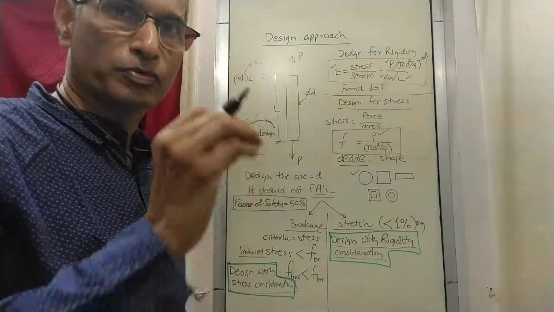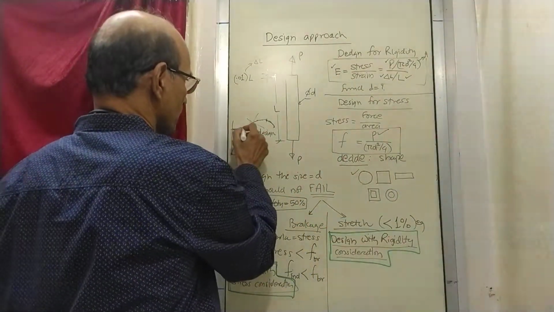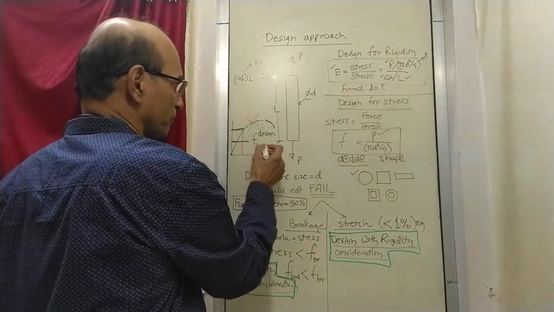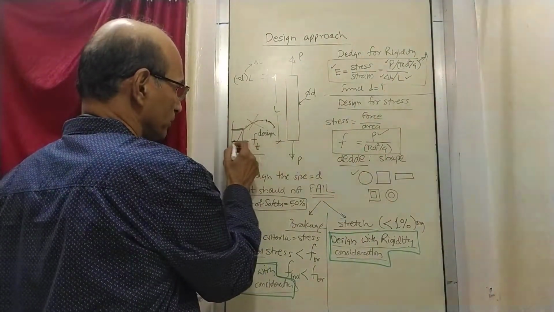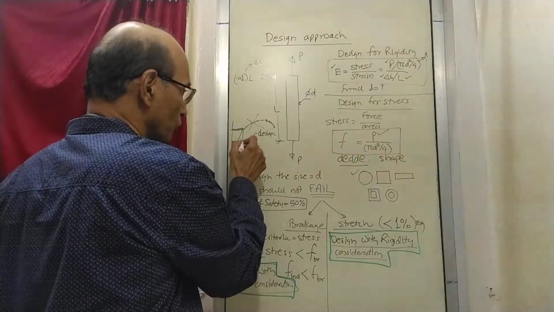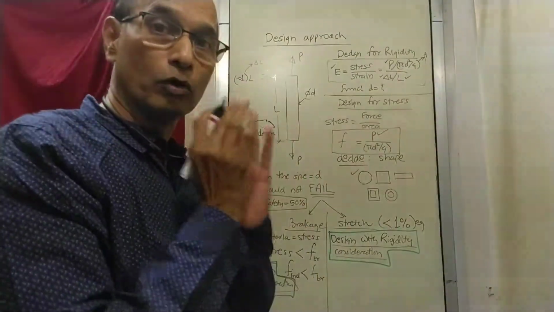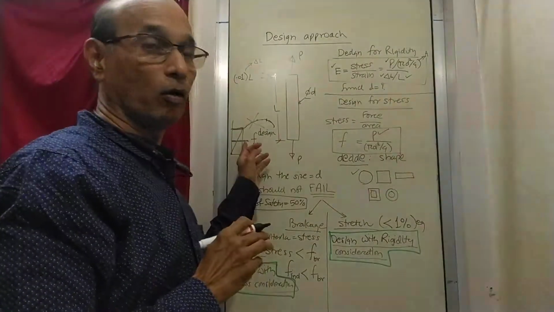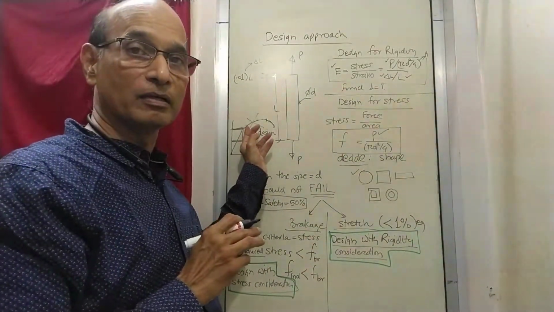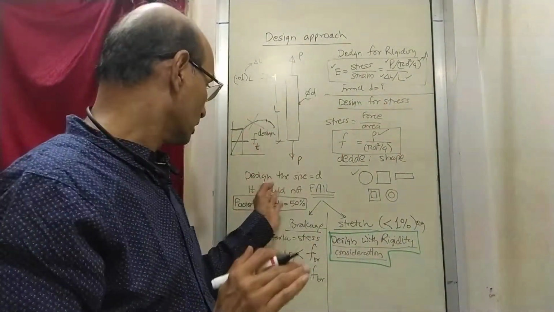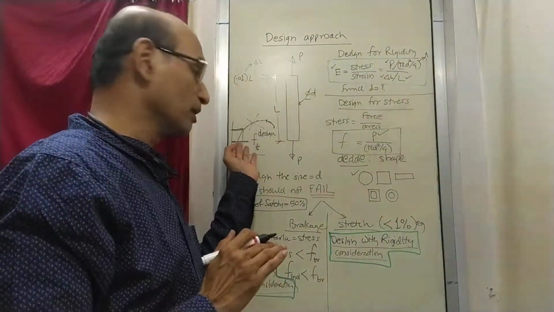So whenever a value of stress is given, it is this stress, and then we apply a 50% factor of safety and use that. So instead of using this stress, we are taking an even lower value. That means we don't want to increase the stress beyond this point. Although there is no problem in increasing it, to be safe we are making it 50%.